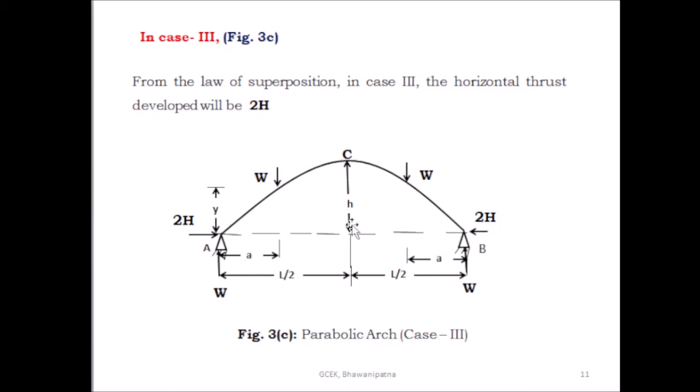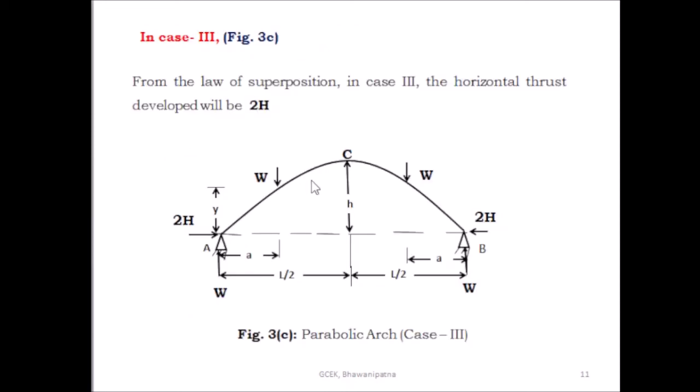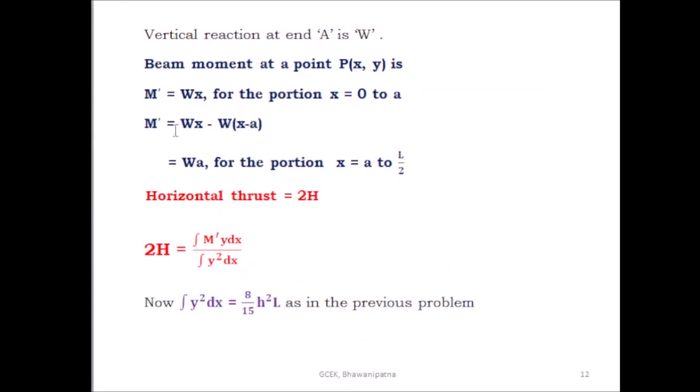So W into X clockwise positive, and due to this load, what is the moment? If this is X and this is A, minus W into X minus A. So the beam moment here, M dash is equal to WX minus W into X minus A. After simplifying, WX minus WX minus WA plus WA.